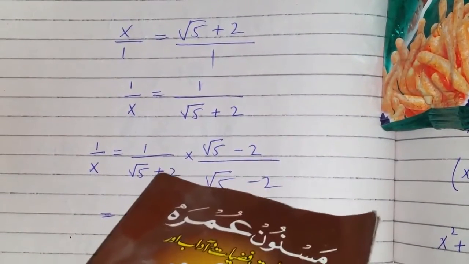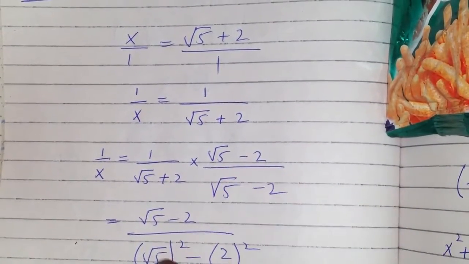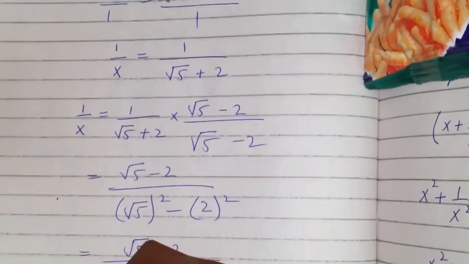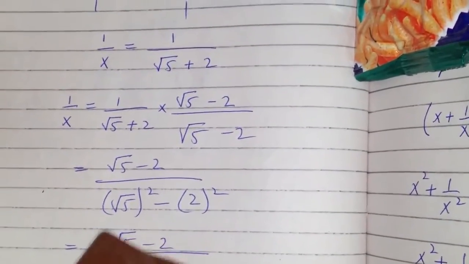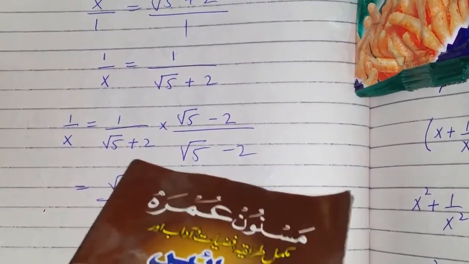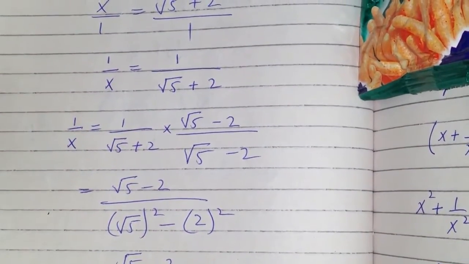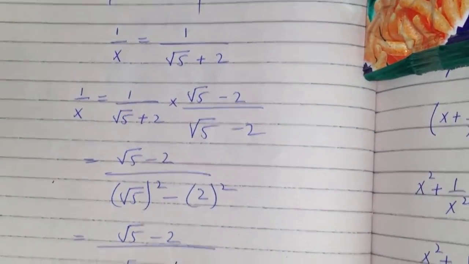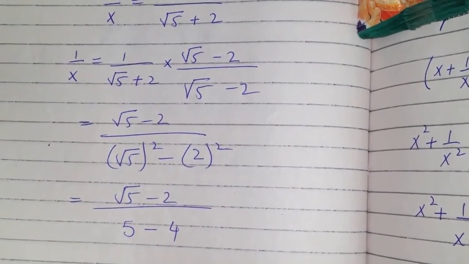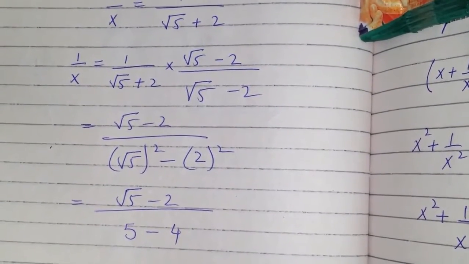This whole term when multiplied by 1 creates no new terms, and I get square root 5 minus 2, but in the denominator, the first term squares and minus the second term squares. Here I have used the formula a square minus b square equals a plus b into a minus b.